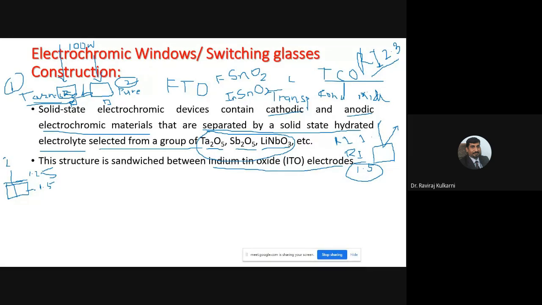I think I discussed this during solar cells: to collect more light, we coat it with anti-reflective coatings, which allow more light to reach the solar cell. Why I'm discussing all these things is that we require some coatings. I'll discuss that in the next class anyway, but I'll just remove all these things first.